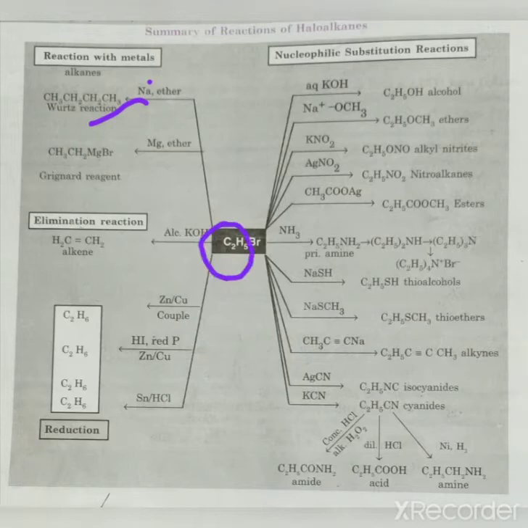C2H5 is the R. So in the Wurtz reaction, R gets doubled, so two alkyl groups get bonded. So the product is C2H5 bonded with C2H5. This reaction is called the Wurtz reaction.